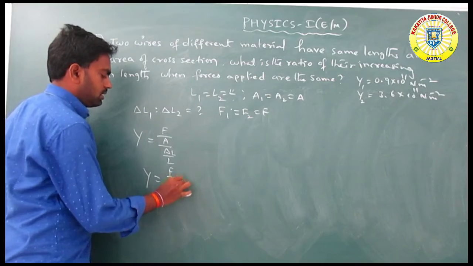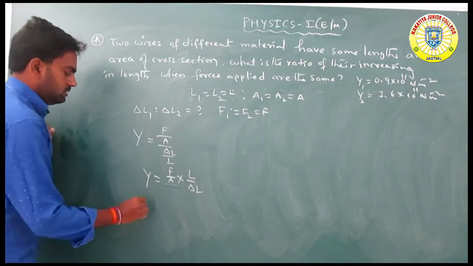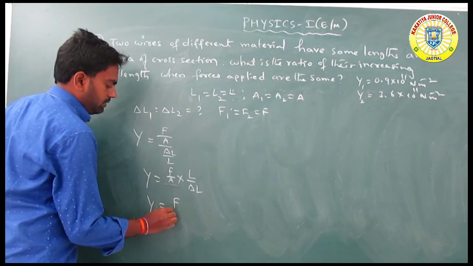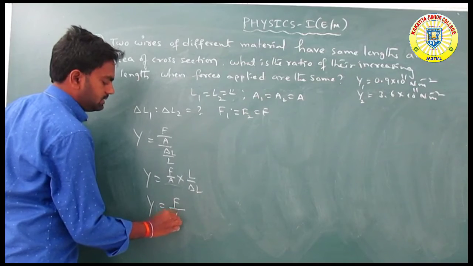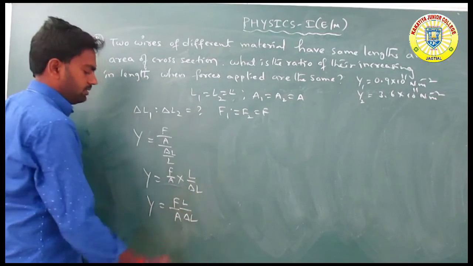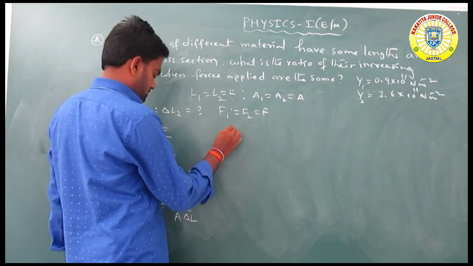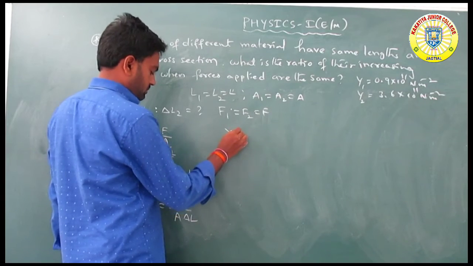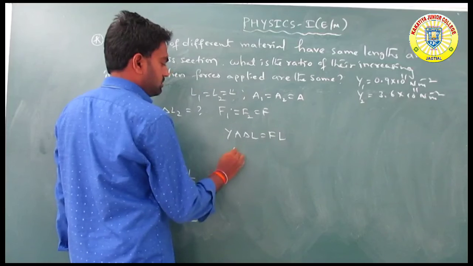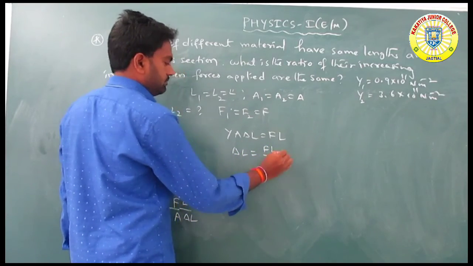Cross multiplying, Y is equal to F L by A delta L, where F means the force, A is the area of cross section (pi r squared), and delta L is the extension. So the total extension: F L is equal to Y into A into delta L, so delta L is equal to F L by Y A.